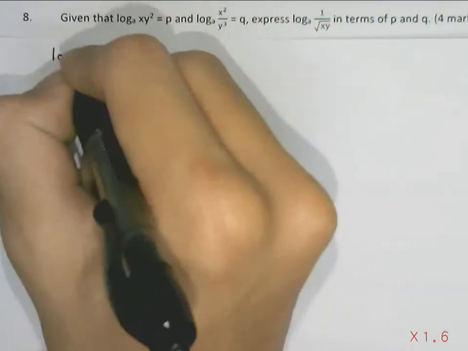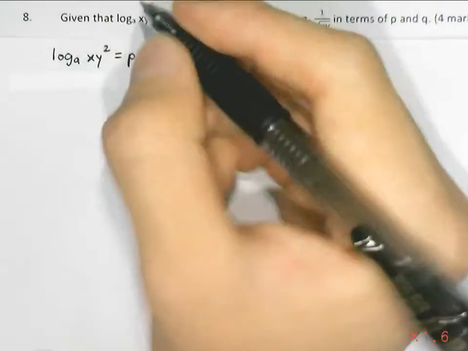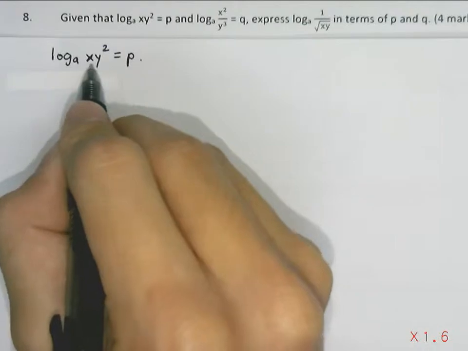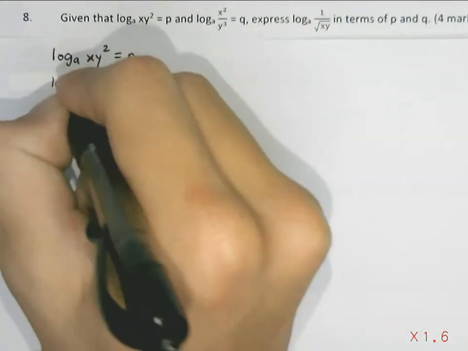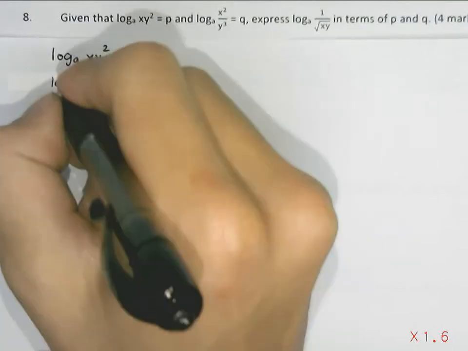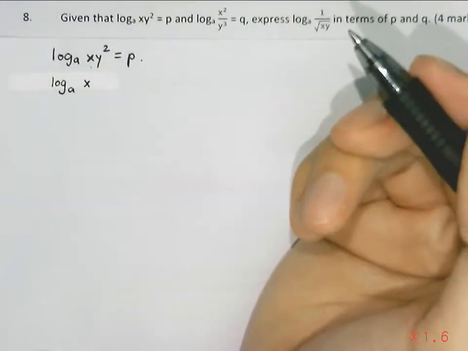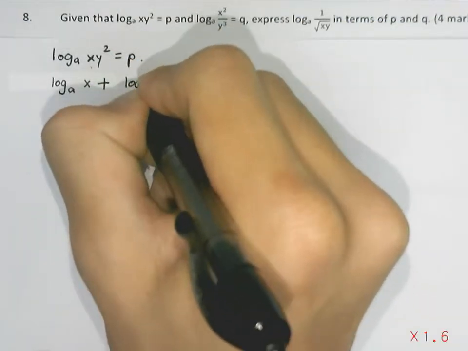This is a product, so we use the logarithm rule. A product implies that the individual product terms, we can express the logarithm form as a sum. So log x base a plus log y square base a.